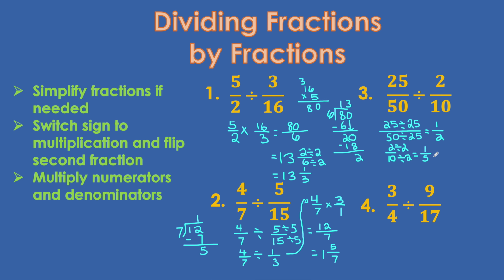Now that we have both fractions, we're going to write the equation 1/2. Since we simplified this first fraction, copy the division sign, divided by, then copy down this second fraction, 1/5. Since these fractions are simplified already, now you can switch the sign.